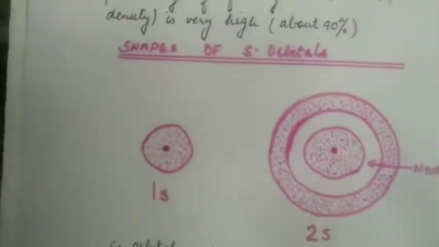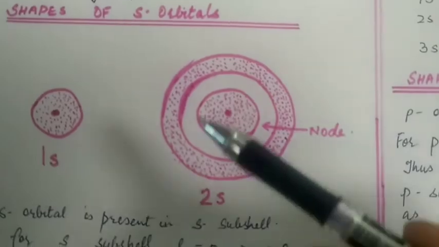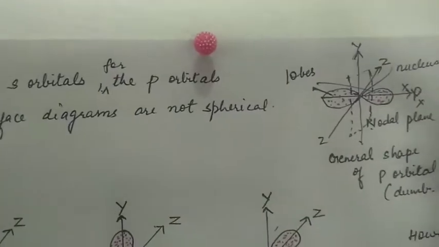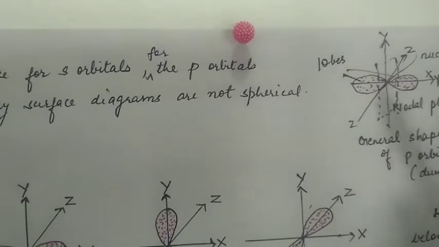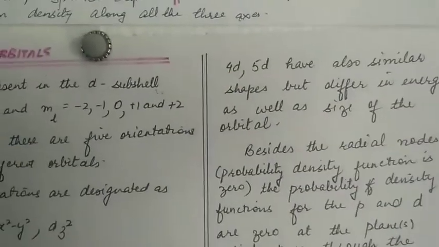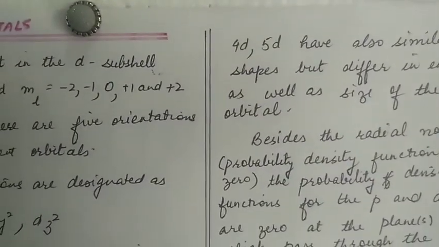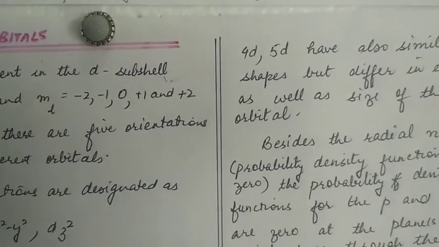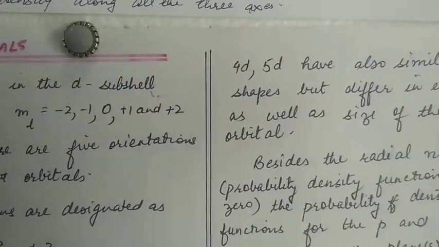Number of nodes, let's talk about the number of nodes. These kinds of nodes were called radial nodes, and the nodes which are present on the plane that is passing through the nucleus are called angular nodes. The probability density function is 0 in the radial nodes.